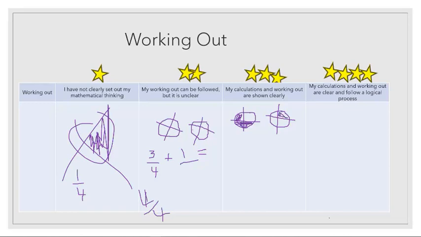And now you've shaded that one in, and we're saying 3/4 plus 1/4 equals 4/4. So you've actually clearly demonstrated your thinking there.